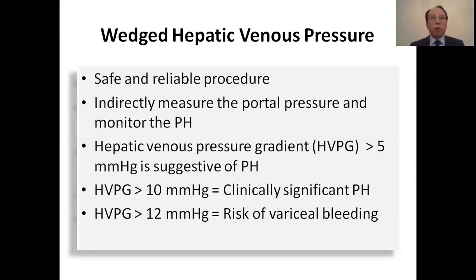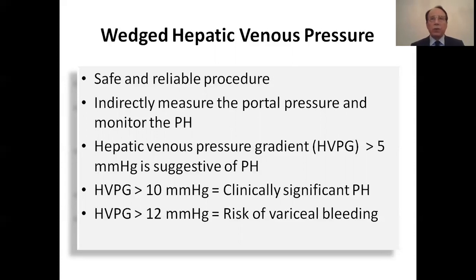The measurement of hepatic venous pressure gradient is considered a safe and reliable procedure to indirectly individuate the portal pressure and monitor the portal hypertension. A hepatic venous pressure gradient value above 5 millimeters of mercury is suggestive of portal hypertension.